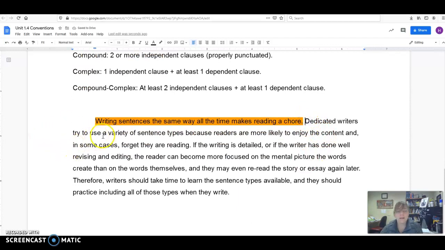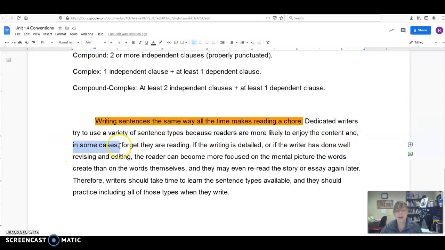Dedicated writers try to use a variety of sentence types because, remember those signal words, dependent words, this is one of them. Because readers are more likely to enjoy the content and, in some cases, forget they are reading. Okay? Dedicated writers try to use a variety of sentence types. This is an independent clause. Writers use, okay? Because readers are likely to enjoy the content. This is a subject, this is a verb, this is a dependent clause.